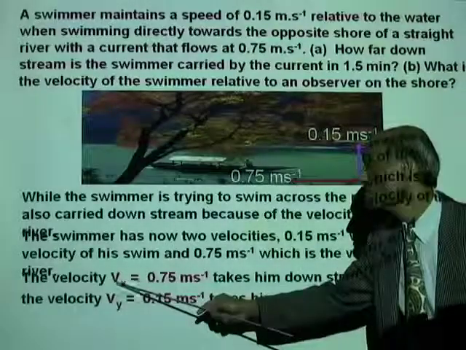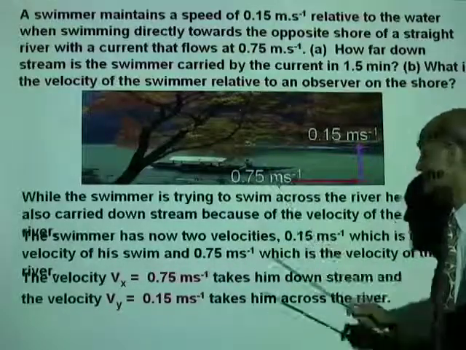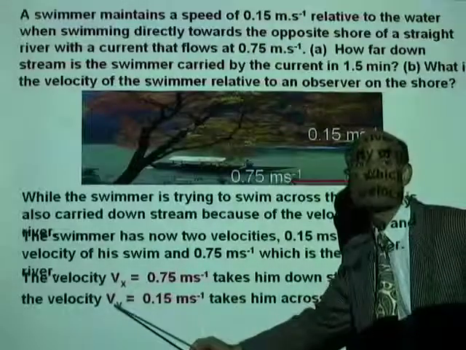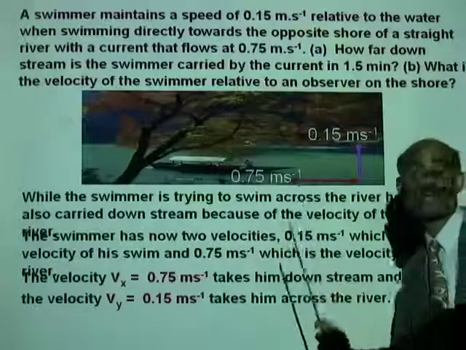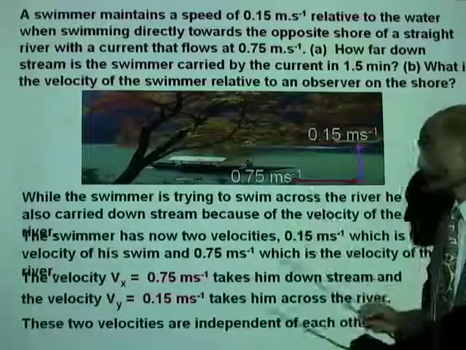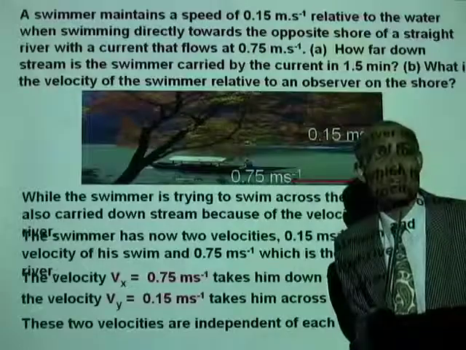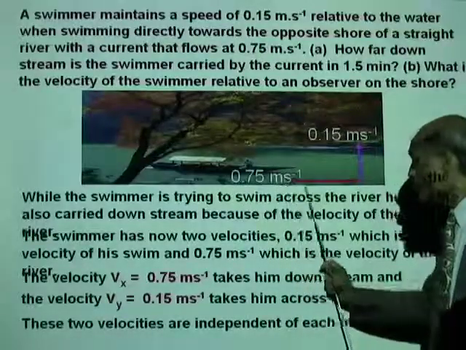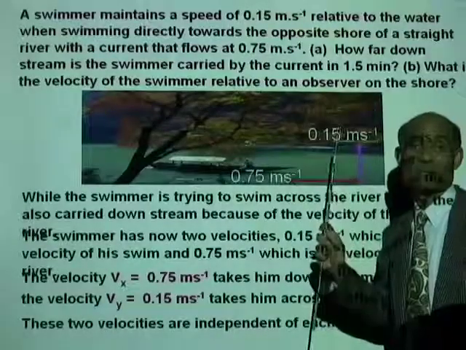The velocity Vx equal to 0.75 meters per second takes him downstream, and the velocity Vy equal to 0.15 meters per second will carry him across the river. These two velocities are independent of each other, just like a projectile. The horizontal velocity will not be affected by the vertical velocity.